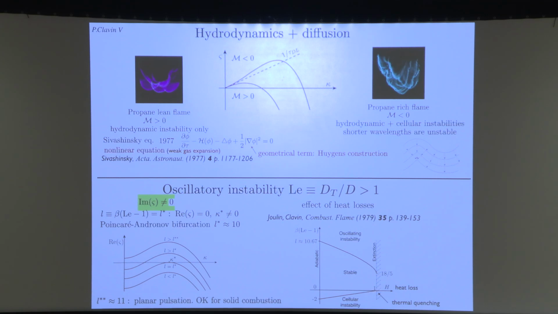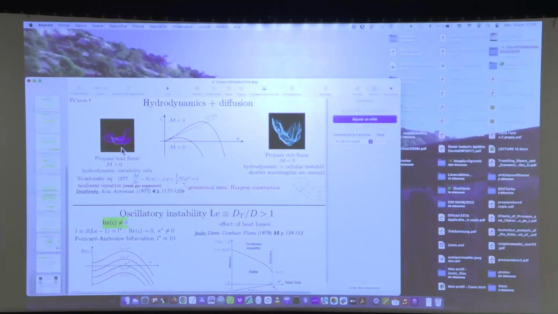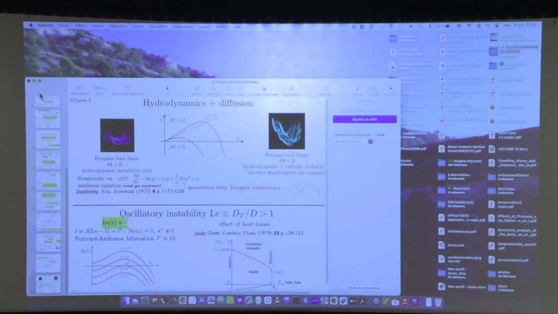And in that case, you have an imaginary part, in contrast to what I said before, where the growth rate was all the time real. Here, it becomes imaginary and corresponds to oscillation. So that's what we call an oscillatory instability.